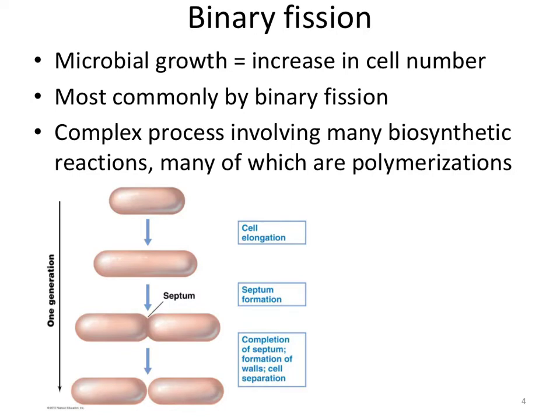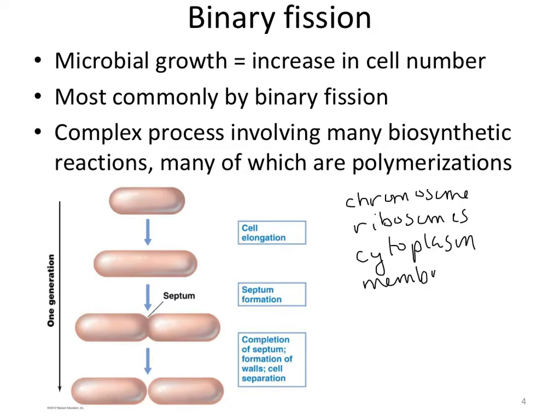So it's really important to remember that the chromosome, ribosomes, the cytoplasm, the cytoplasmic membrane, and other contents all have to be replicated, and they have to be split evenly between the two cells. The evenness of that division results in a growth pattern that's referred to as balanced growth. In other words, the two daughter cells are identical.